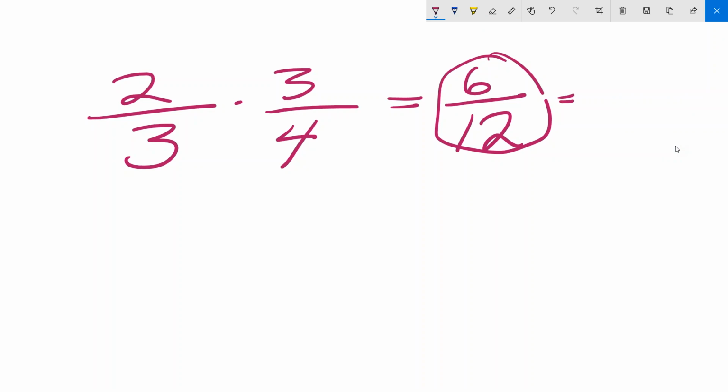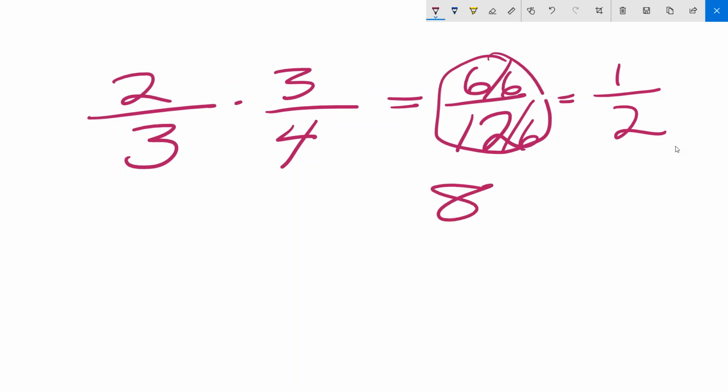How about 6? Oh, yeah. 6 goes into the numerator, 6 goes into the denominator, the numerator becomes 1, the denominator becomes 2. So that's how you reduce fractions. You look for the largest number that divides into top and bottom.